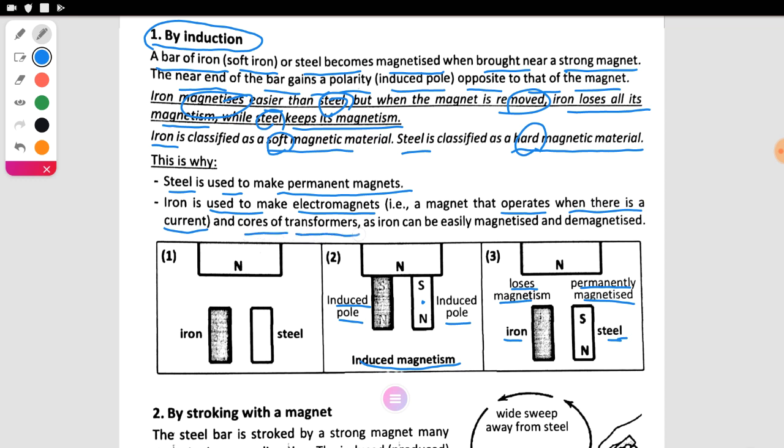Like in transformers, iron can be easily magnetized or demagnetized. Magnetized means it contains a magnetic field, while demagnetized means it loses the magnetic field. This is the first state.